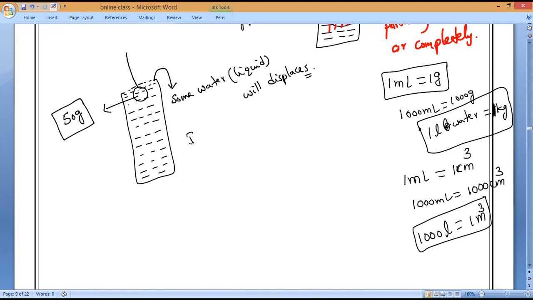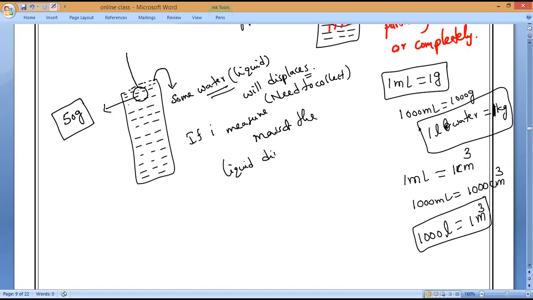So, if I measure, I want to collect all the water, whatever it is displacing. I need to collect that water or liquid. If I measure the mass of the liquid displaced by whom, guys?